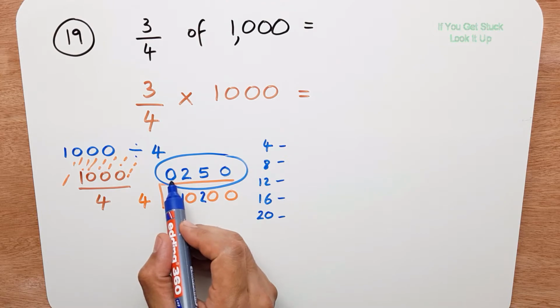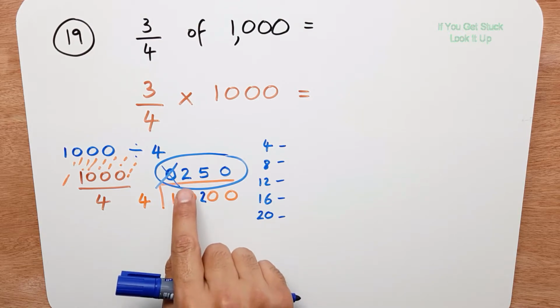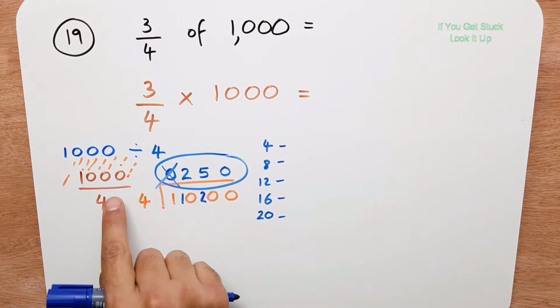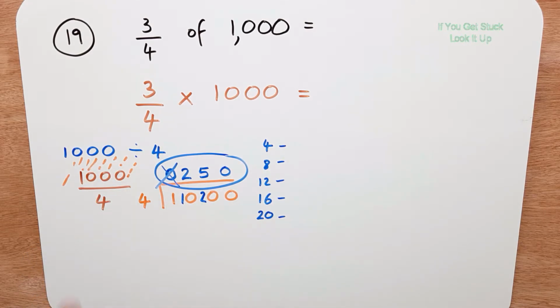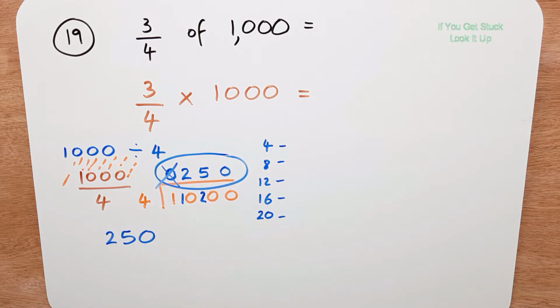What did we say about leading zeros? We can cross them out. So our answer is 250. Our first step is to divide by 4 and our answer is 250.